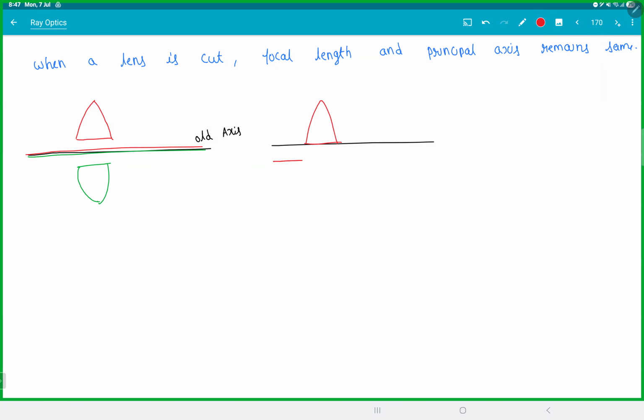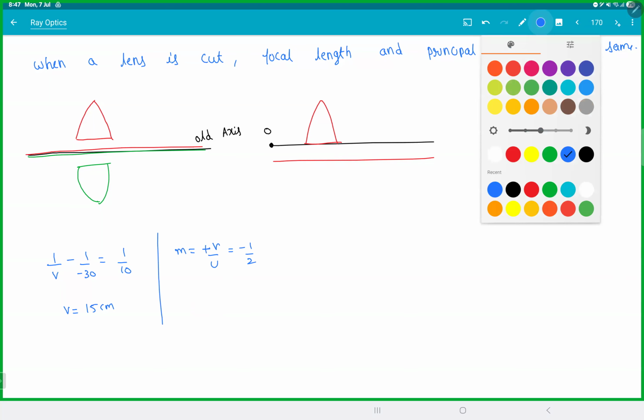The principal axis got shifted here. So object is here. So 1 by V minus 1 by U, which is minus 30, is 1 by 10. So we got V is equal to 15 centimeters. Magnification is V by U, which is minus 15 by minus 30, minus half.